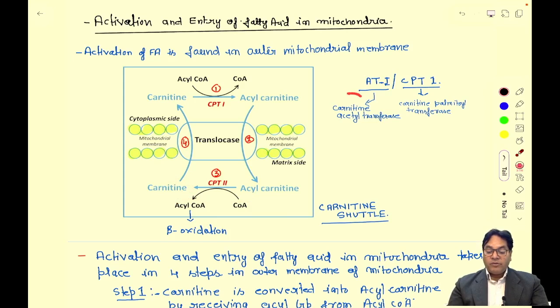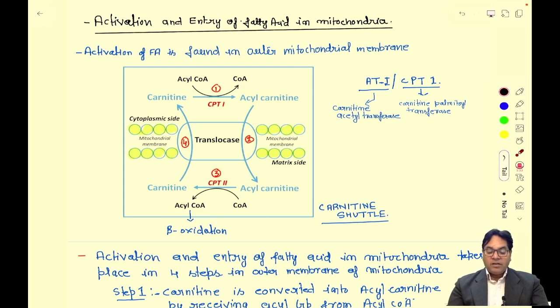The full form of CPT is carnitine palmitoyl transferase, and this enzyme is also called CAT, that is carnitine acetyl transferase. In place of 1 we can write 2, and then it will be the inside enzyme, the enzyme which converts acyl carnitine into carnitine.